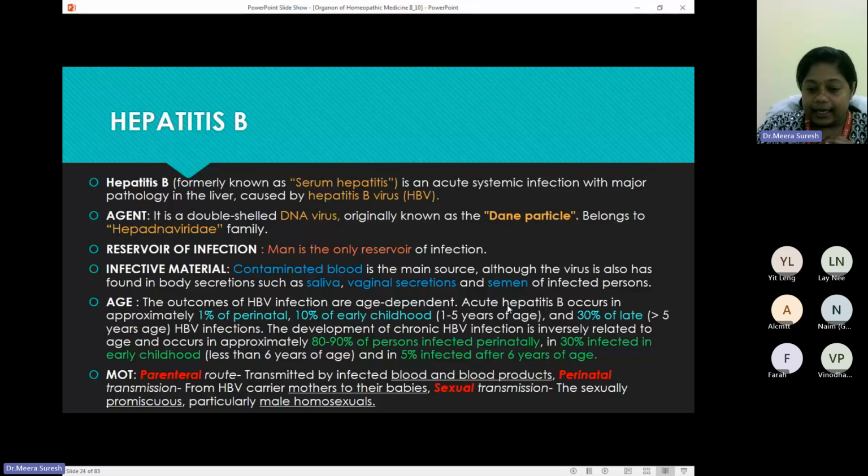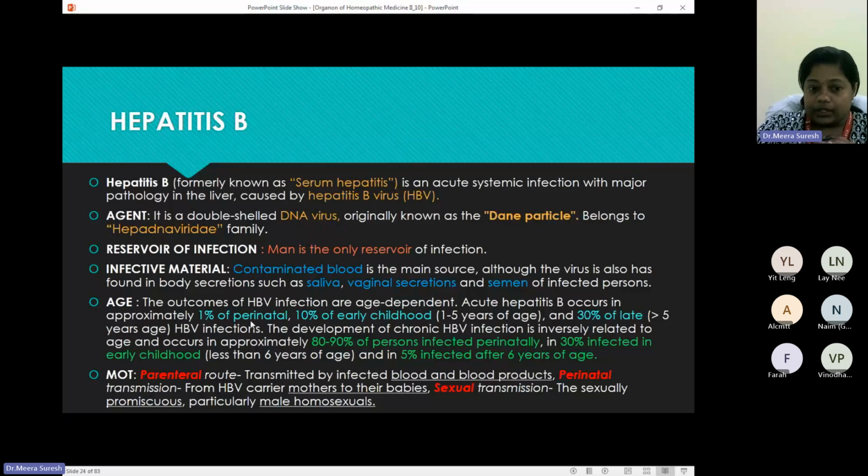It can be infected at any age, but the outcome is actually age dependent. We can see acute hepatitis can occur in 1% perinatally, around the time of delivery, due to infection, meaning an unhygienic manner of dealing with blood, or from mother to child.